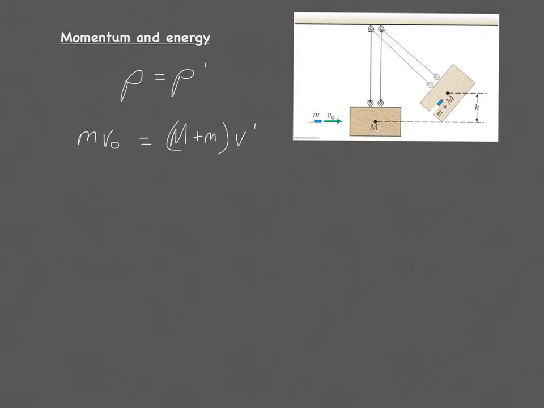So that's our momentum statement. In order to figure out the height, we need to know how fast the bullet and the block are going to be moving in that direction after the collision, because the kinetic energy that is gained by the collision is going to have to change to potential. So what do we need? We need to find V prime. So we're going to manipulate this for V prime.